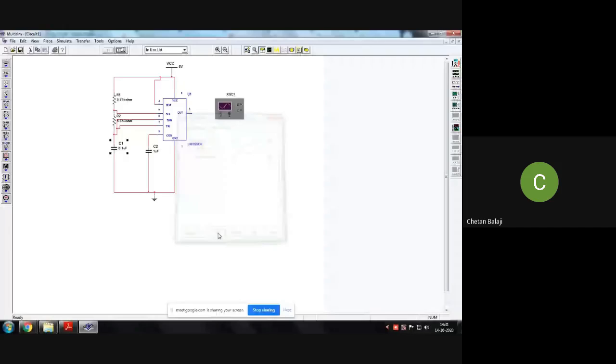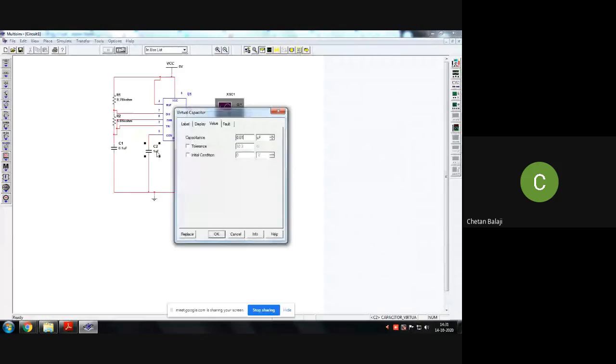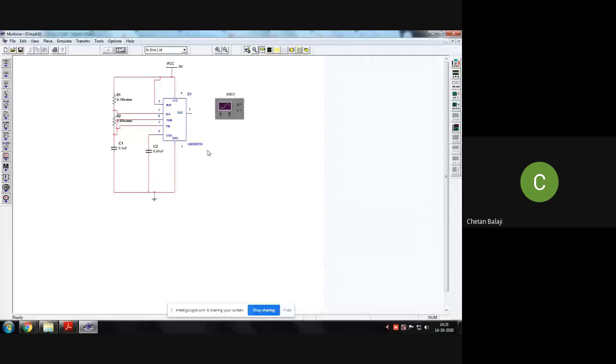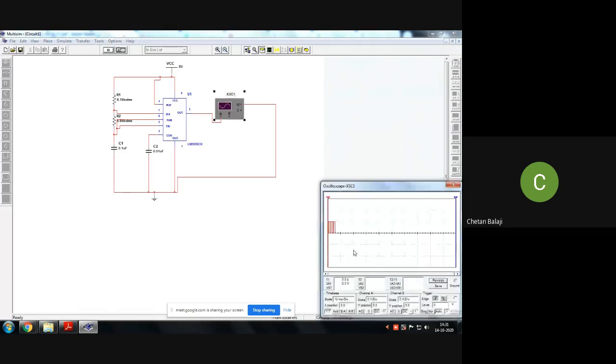Finally, pin number 3 is your output pin. Take the probe pin and give it to ground. Now run, and you can see the waveform.